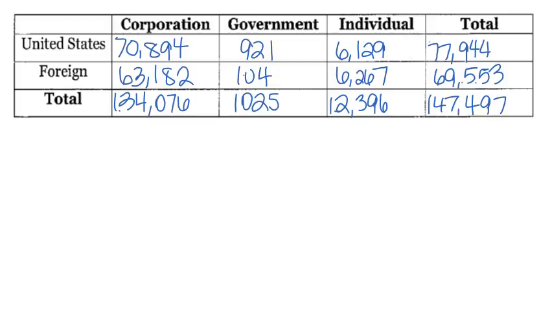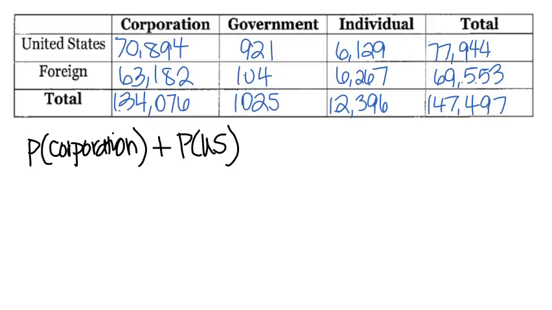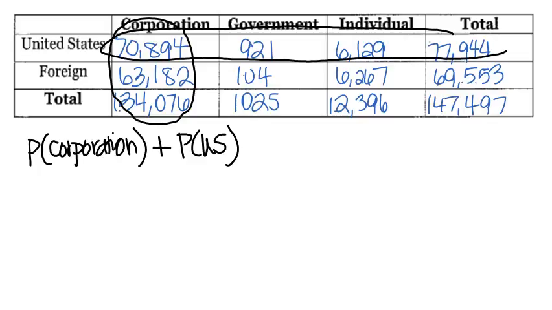So now we're talking about the probability that it was a corporation, or, remember that keyword, or means to add, a probability that it's from the U.S. Corporation, that's these guys here, and the U.S., that's these guys here.